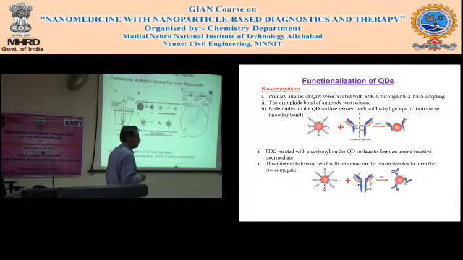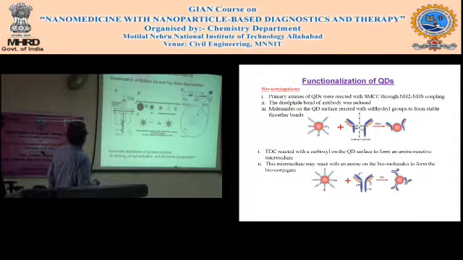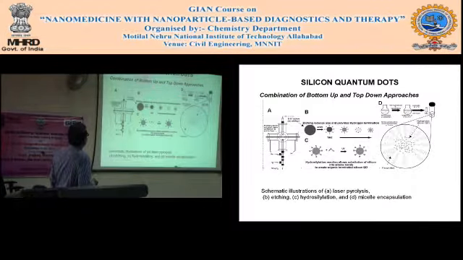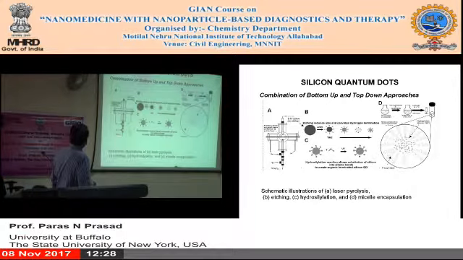Another method we use is dry chemistry. Dry chemistry is where you actually can use a precursor gas. So in this case, we are making silicon quantum dots. This is our technology that we do in our place. So we took silane gas, SiH4, and with a hydrogen carrier, it goes in here.